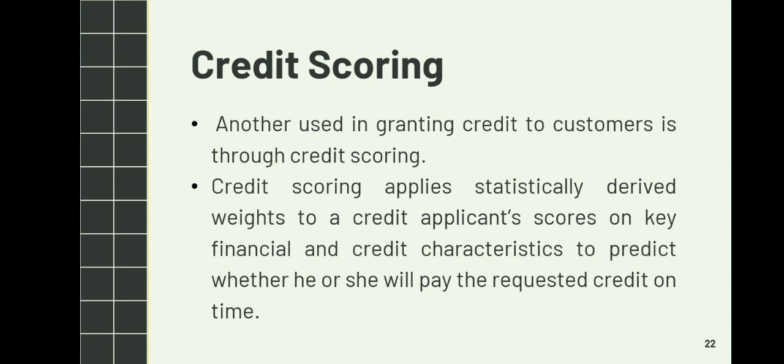The score obtained is compared to a predetermined standard in order to arrive at a decision of whether to accept or reject the customer's credit. This method is an inexpensive way to obtain credit ratings for customers.